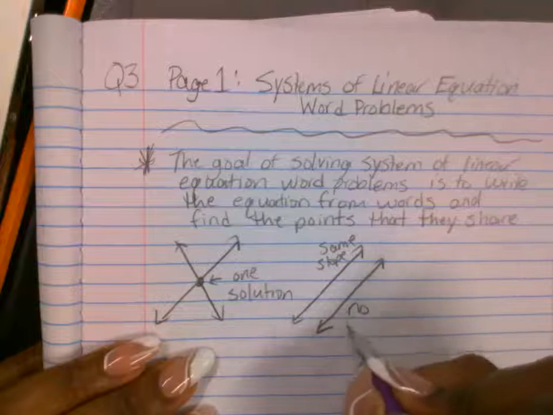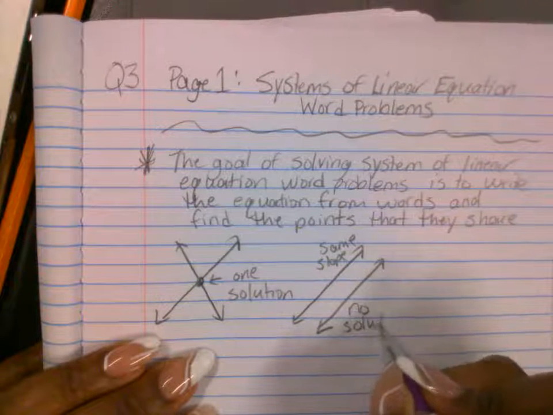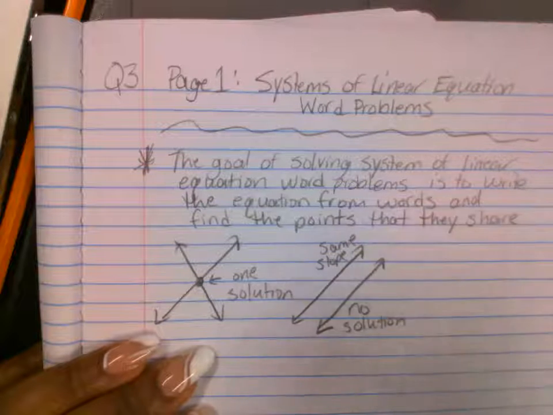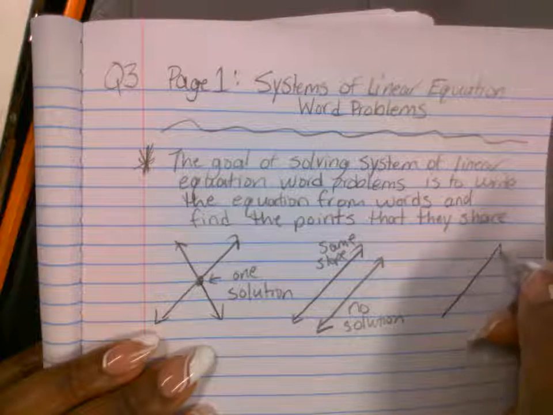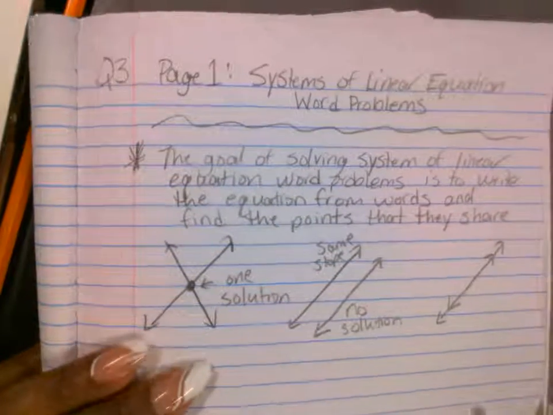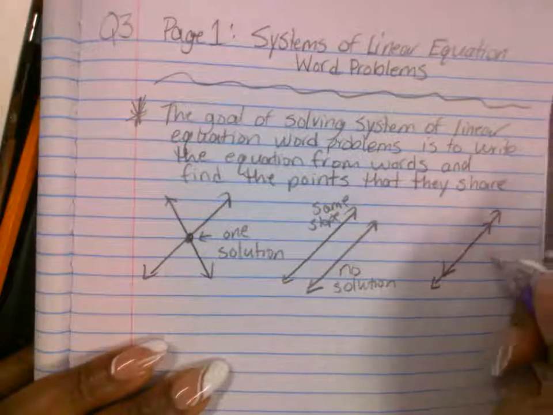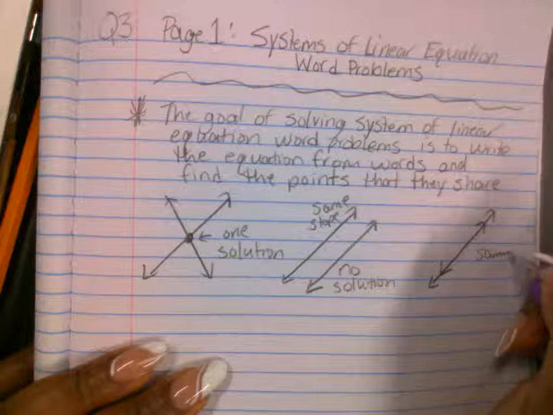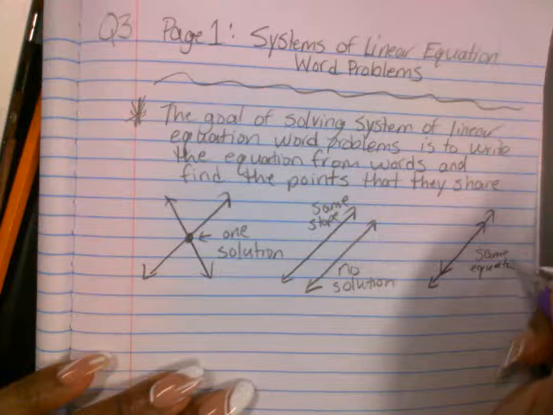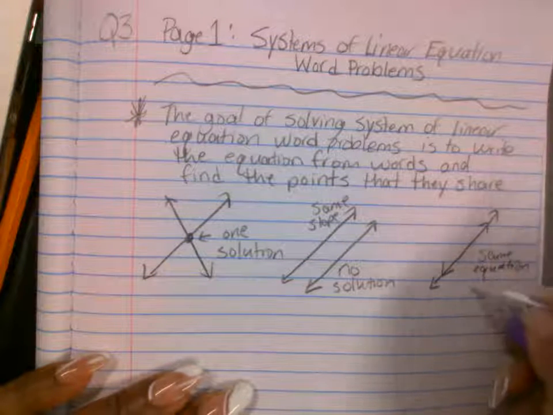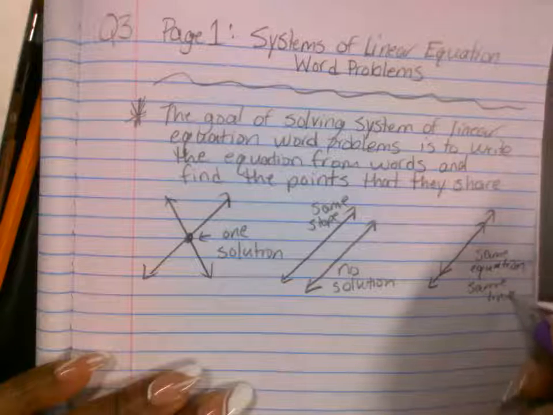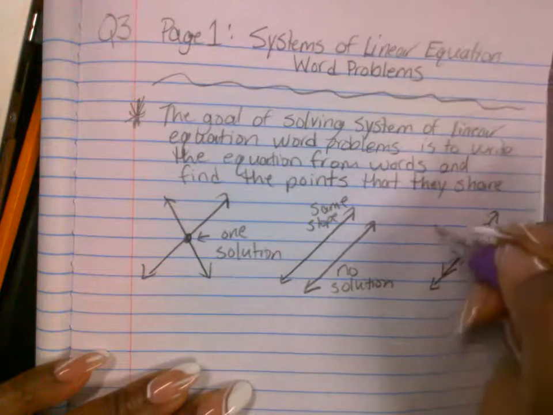This is no solution. They're never going to run into each other. Or if you find out that the equations are exactly the same equation, same line, this is infinitely many solutions.